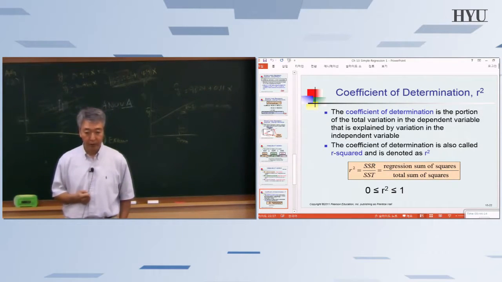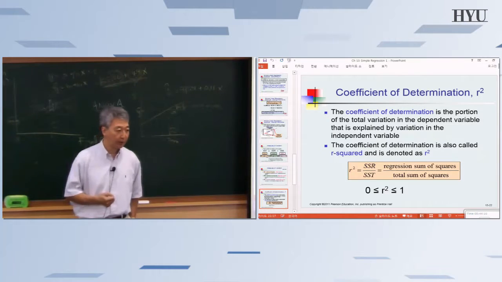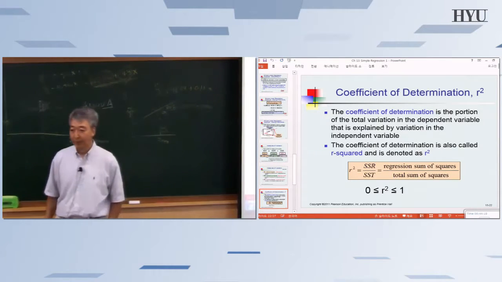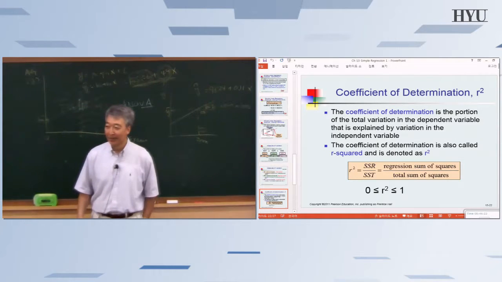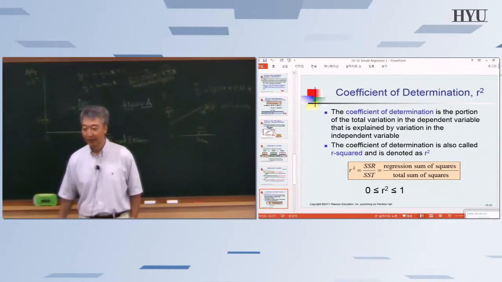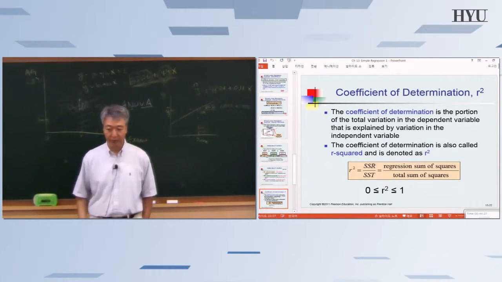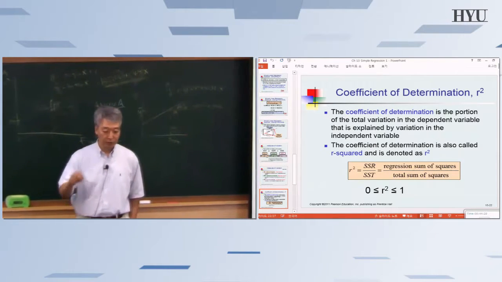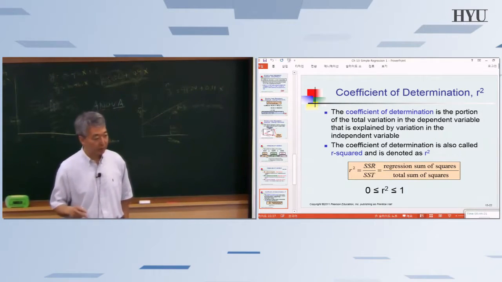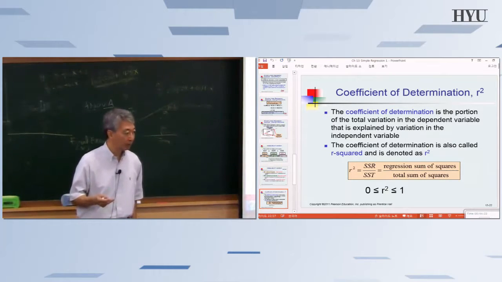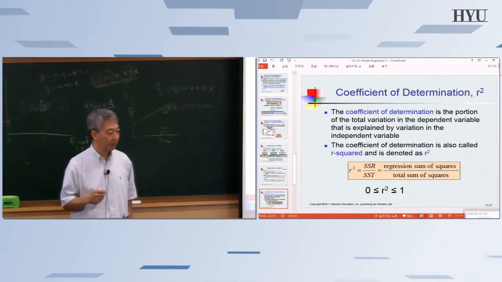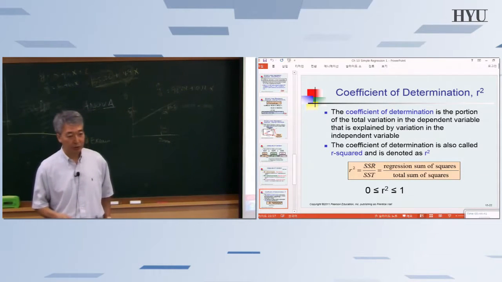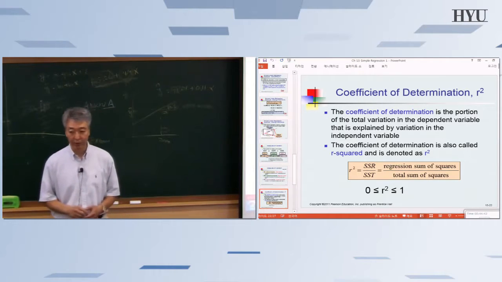But why do we call it R square? Because it is R squared. What is R? The correlation coefficient. When you have an X variable and a Y variable, you can calculate R, and if you square it, that's R square. That's kind of interesting.